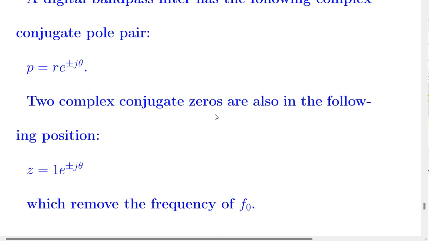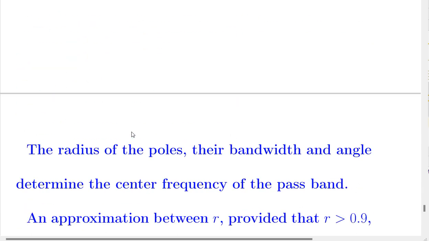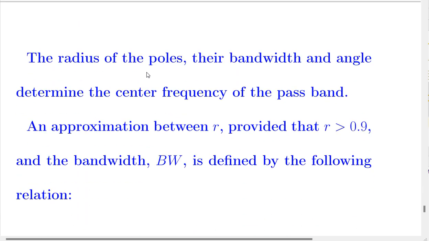Two complex conjugate zeros are also in the following position: z is equal to 1 times e to the power of plus minus j theta, which removes the frequency F0. The radius of the poles and their angle determine the center frequency of the stop band. Sorry, stop band. It's just a copy and paste in LaTeX. It just happens from time to time.